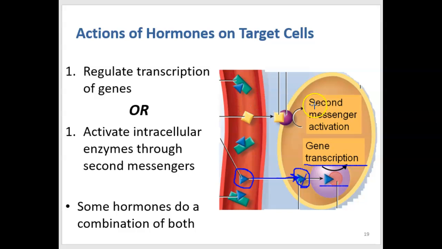Versus those hormones that activate a second messenger that's inside the cell, they won't be able to get to the inside of the cell. That's why a second messenger is needed. So they bind to a receptor on the cell surface, and that's going to trigger production of a second messenger. So we're going to look at an example of each of these.